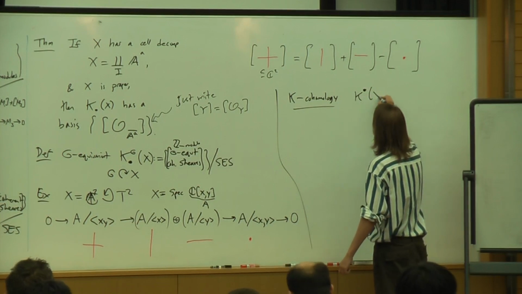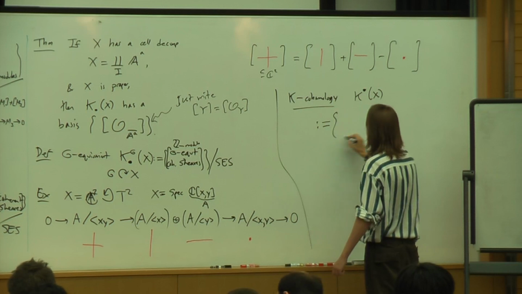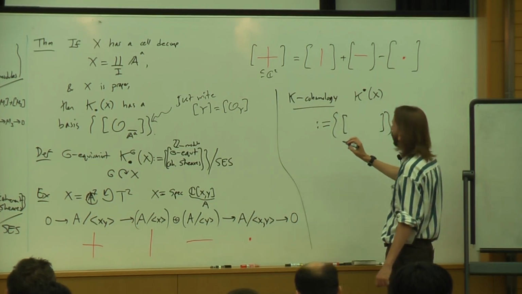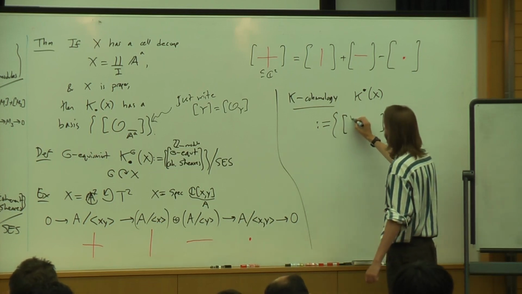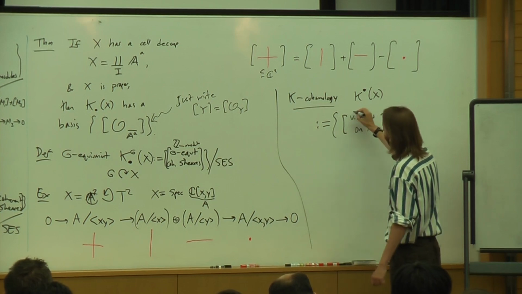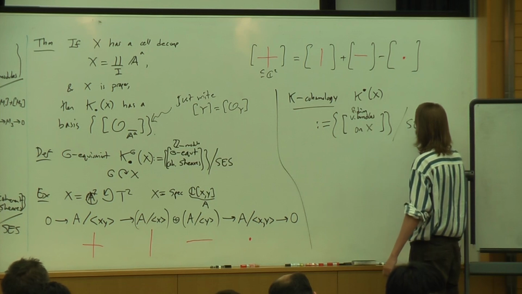And so the way that's done, K-cohomology, K upper star of X, is the same definition, but now we take classes not of coherent sheaves, but of vector bundles. Of course, finite dimensional vector bundles, again, modulo short exact sequences.